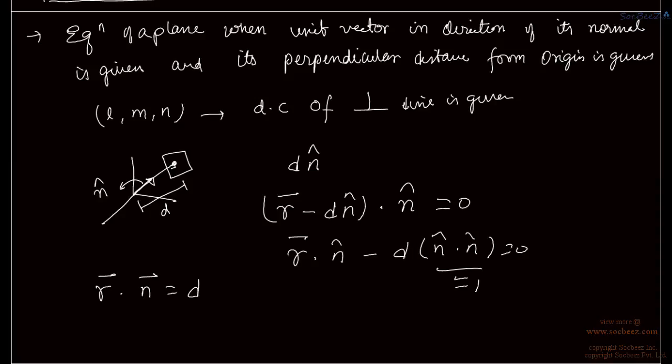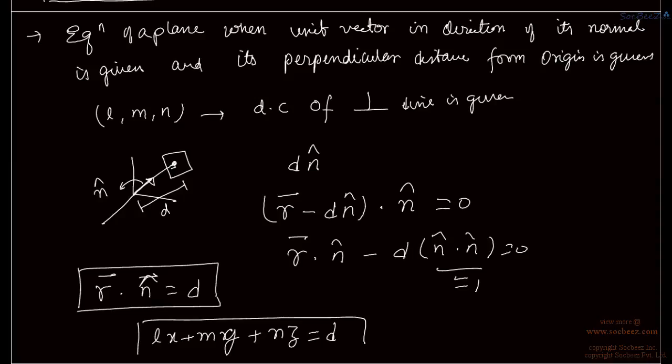So we have r dot n is equal to d. So this is the equation of a plane in vector form. And in Cartesian form, this n cap is li plus mj plus nk. So we have lx plus my plus nz is equal to d.